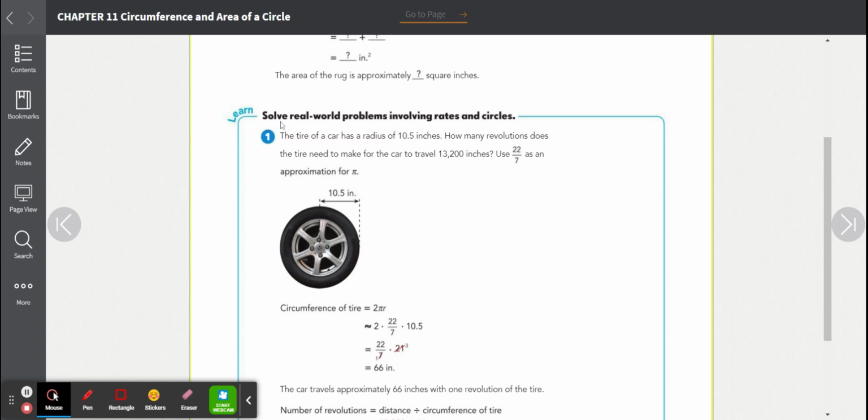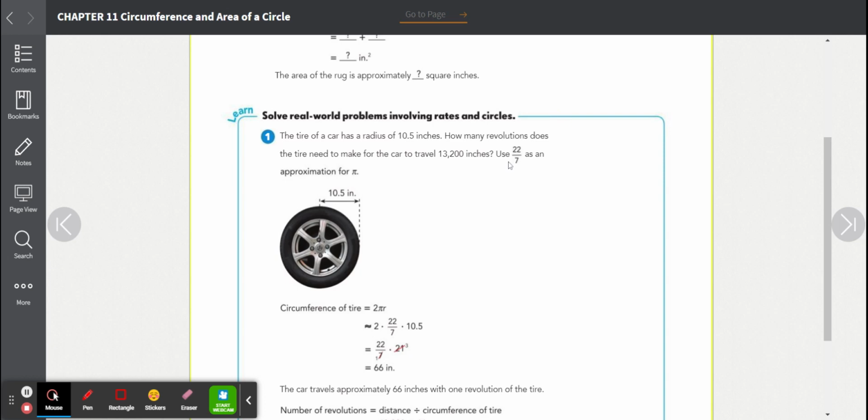So the last thing that we're going to do is solve real world problems involving rates and circles. You're going to have to think back to course 1A where we did rates. So we're looking at the tire of a car, which has a radius of 10.5 inches. We're going to try to figure out how many revolutions the tire would need to make for the car to travel 13,200 inches.